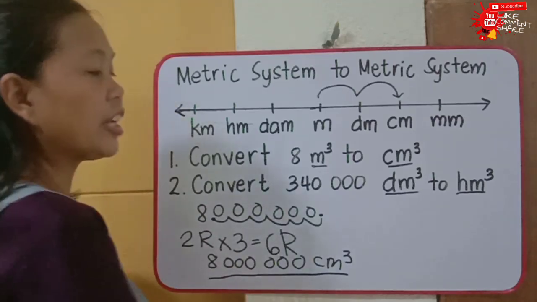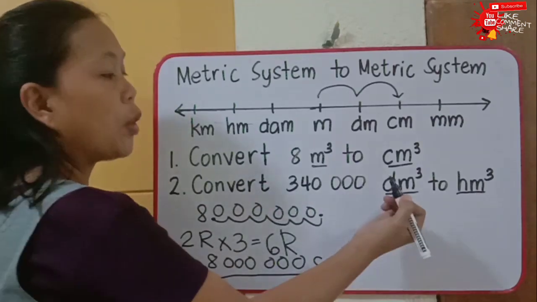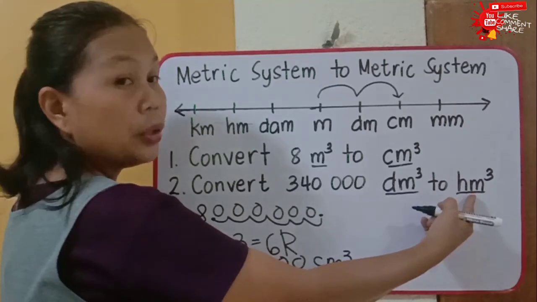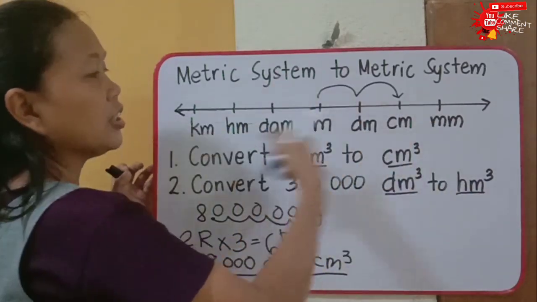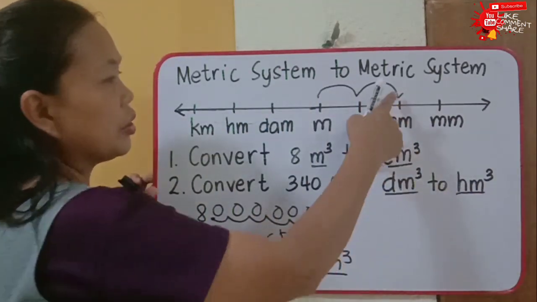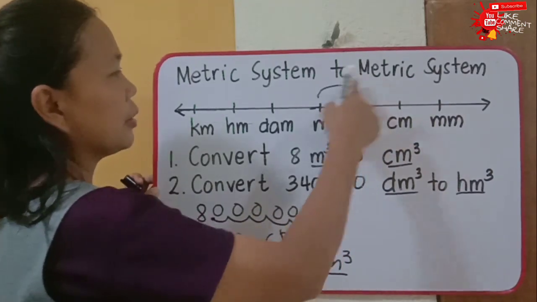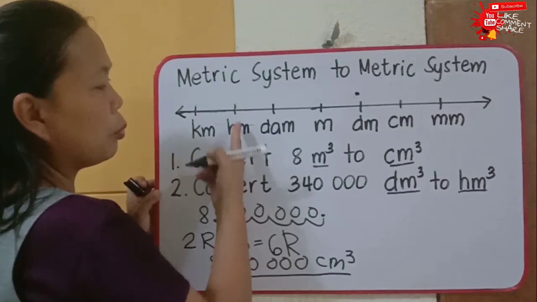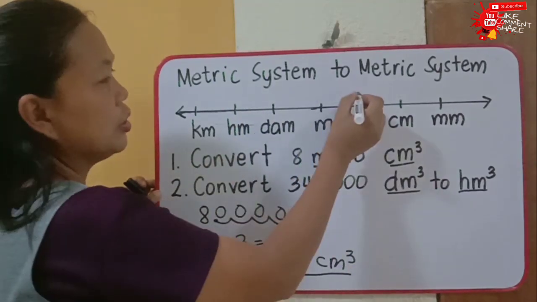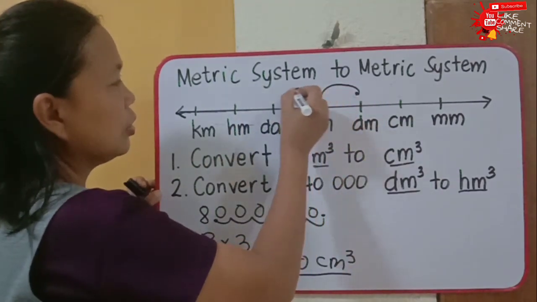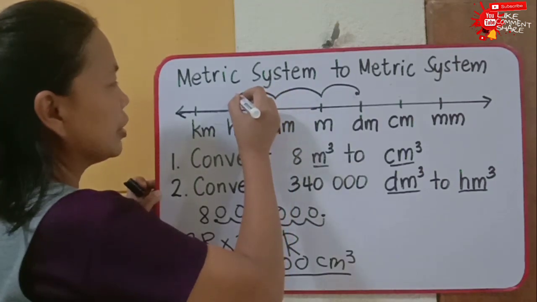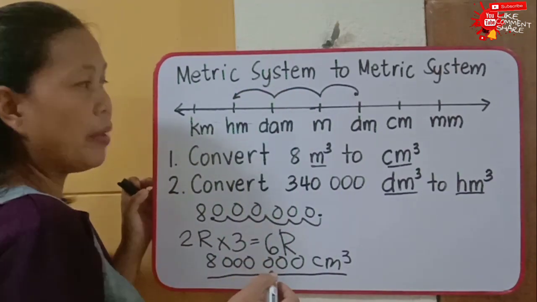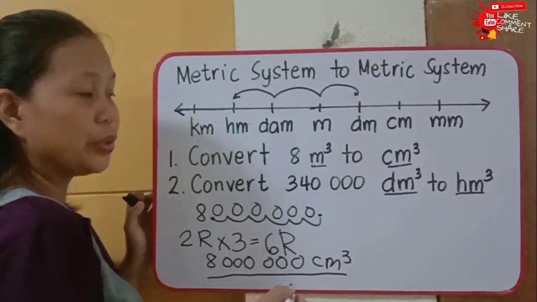Okay, so we will count the number of units from decimeter to hectometer on our metric converter. So let us erase this movement. We will start from decimeter and end up with hectometer. So we have here 1, 2, 3. So we have 3 movements, and the direction is to the left.